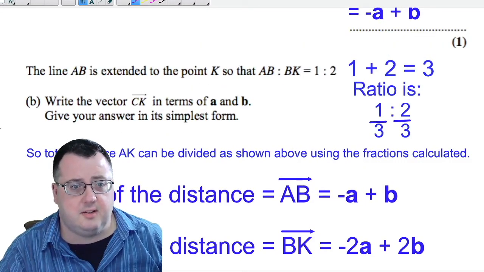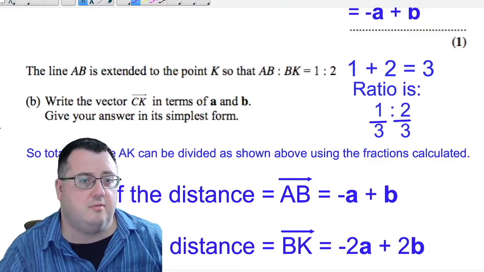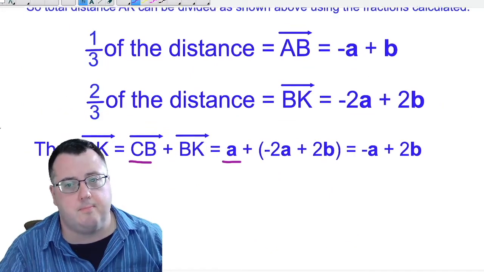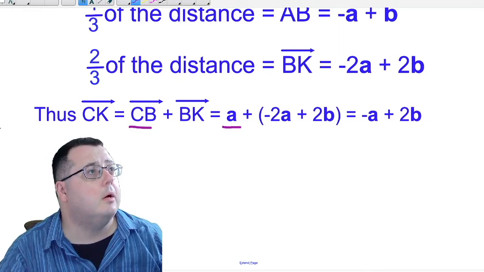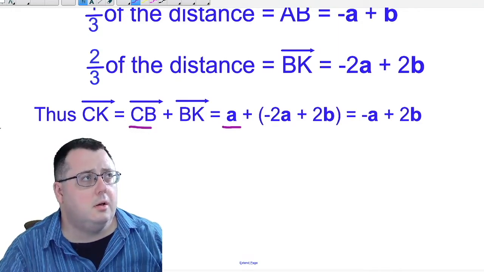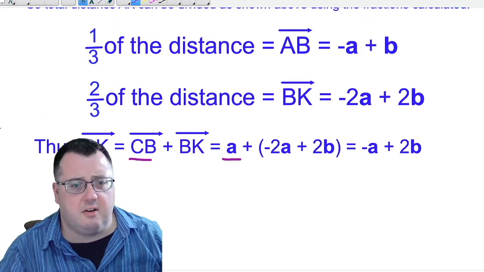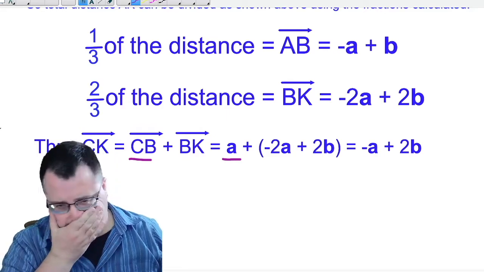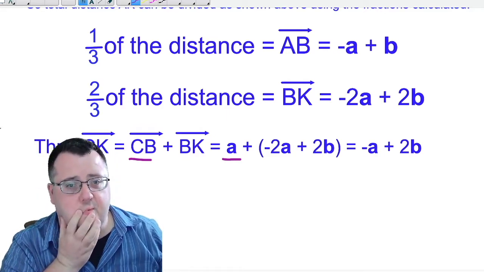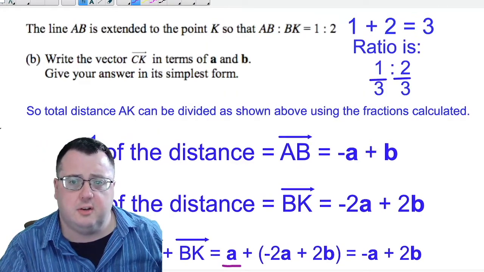And that's the answer to the question, vector CK in terms of A and B. Is that okay, or did that not make sense to you at all? It was alright.